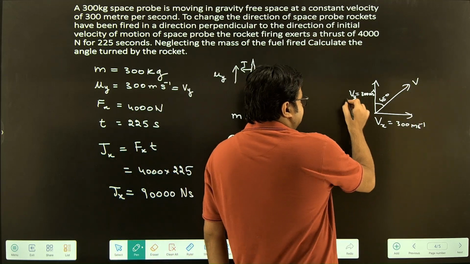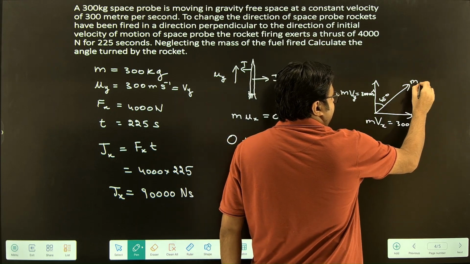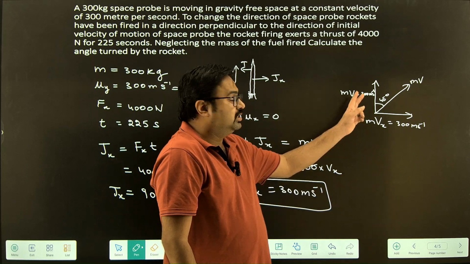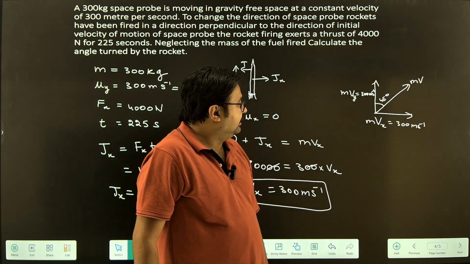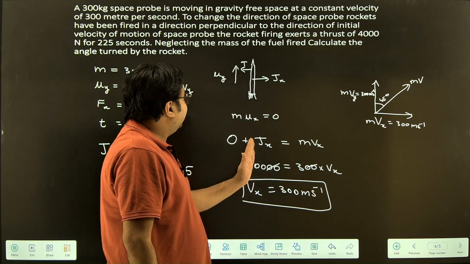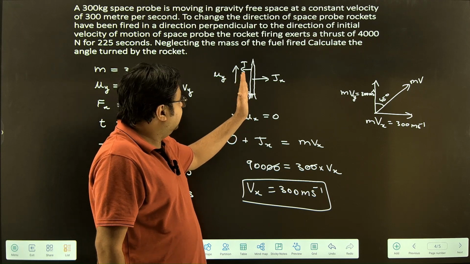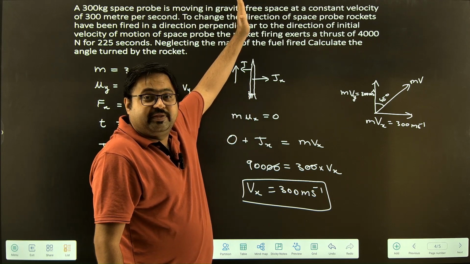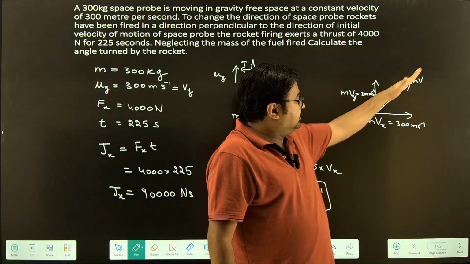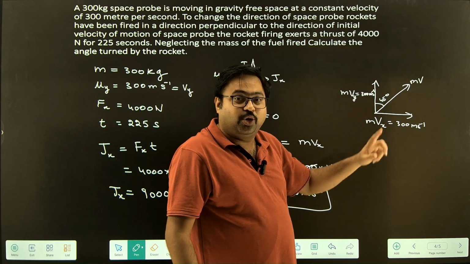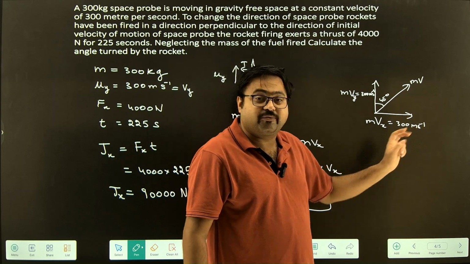That means if you just multiply mass on all places, then the diagram here becomes a vector diagram for momentum, and the final momentum is in that direction. Do you see that the rocket was initially, before these rockets were fired, going along the y-axis, but after it received an impulse, the rocket now is going in that direction, because total velocity is the velocity that you have to take into account, not just x or y.